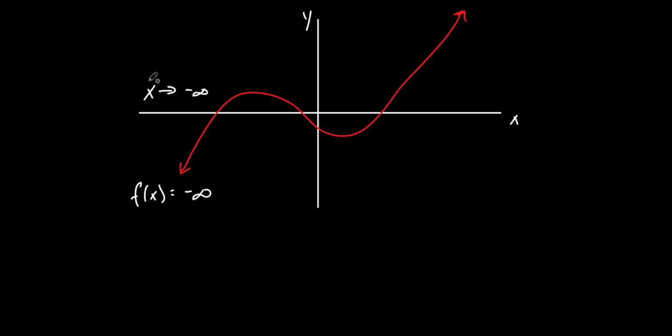You're going to put this all together. You're going to say, as x approaches negative infinity, then f of x approaches negative infinity. All right, so that's describing this end behavior on the left. As x goes to the left, what is the y? What is the function doing?